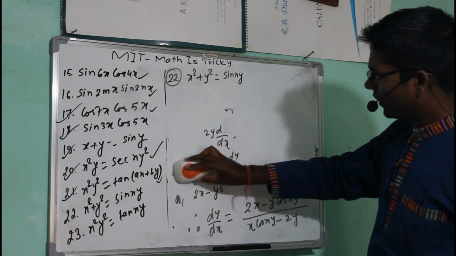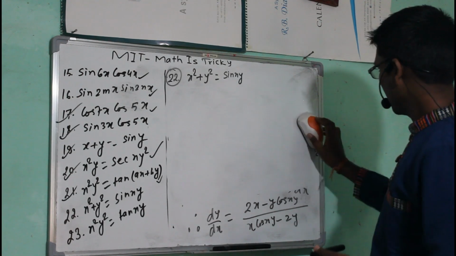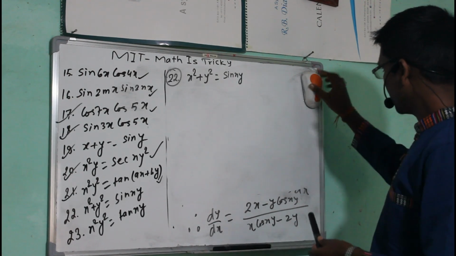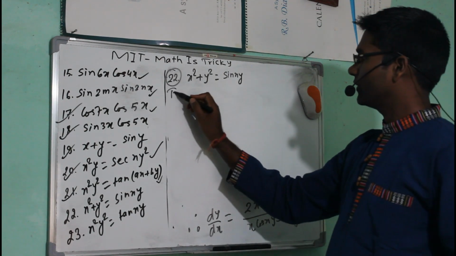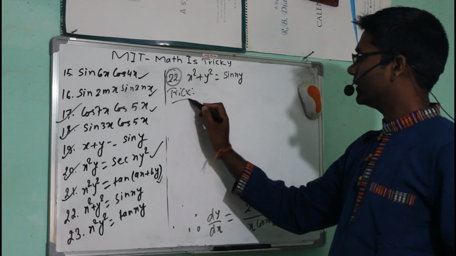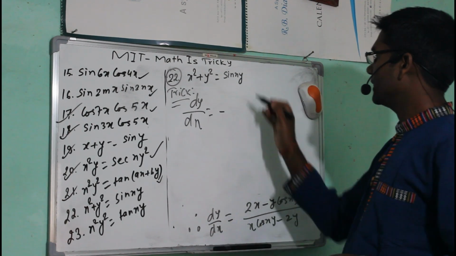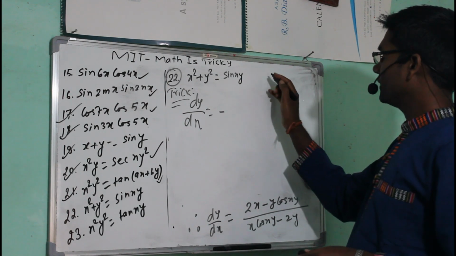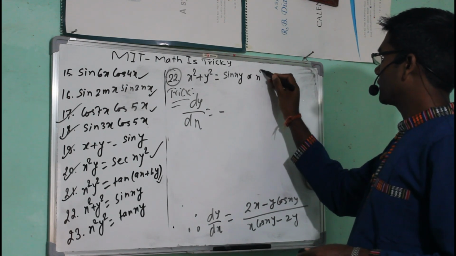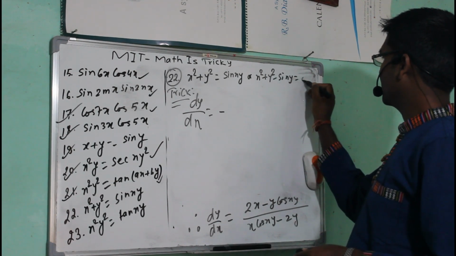So how can we solve the same problem within seconds? The trick method is here. According to the trick, dy/dx always has a minus sign, and before that you bring all the terms to the left hand side, so we write x² + y² − sin(xy) = 0.